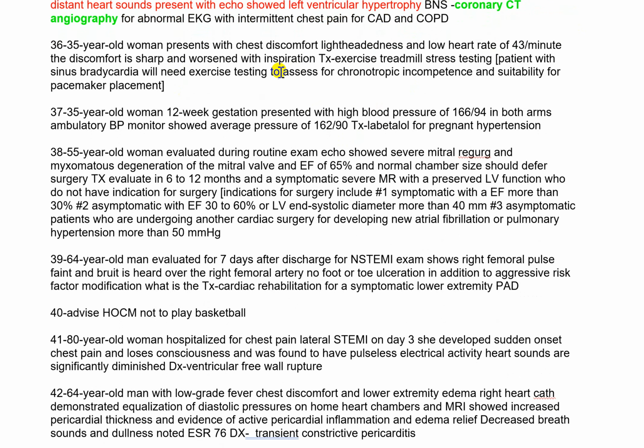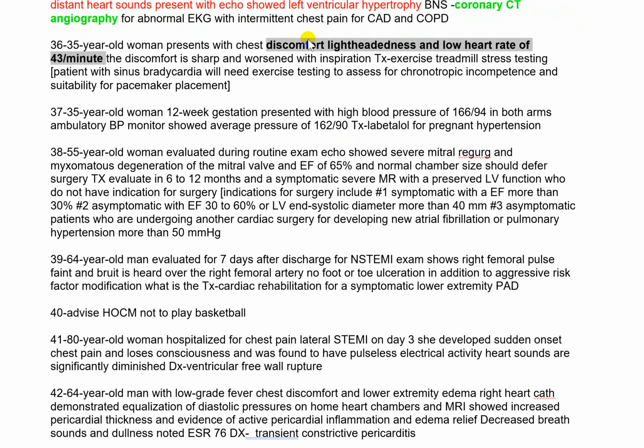Now we have young lady with chest discomfort, lightheadedness, and low heart rate, okay? The discomfort is sharp and worsened with inspiration, okay? So this patient has sinus bradycardia that causing her to have symptoms.